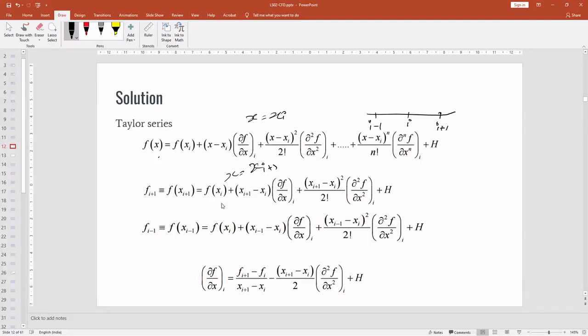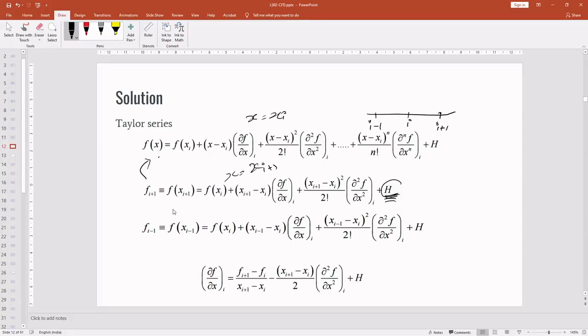Substituting in this equation, f of x at i plus 1 becomes, substituting all the x's with x i plus 1, the equation like this, where h represents the higher order terms. We are not expanding beyond this part.